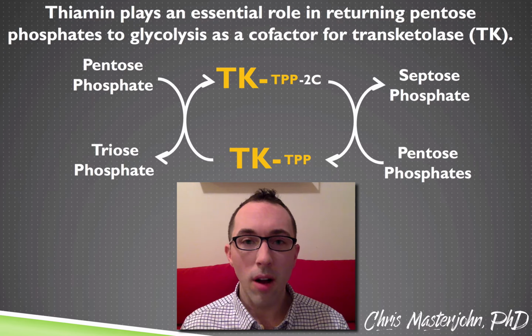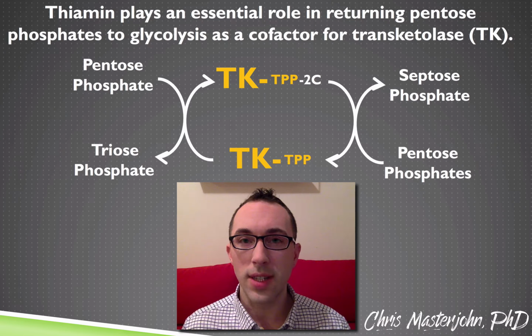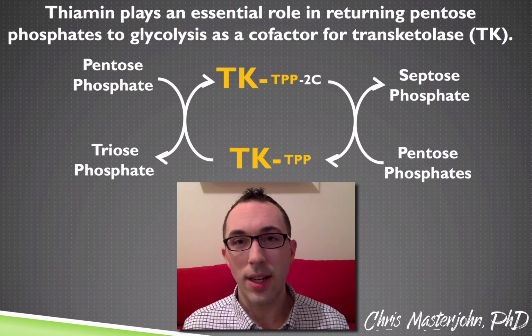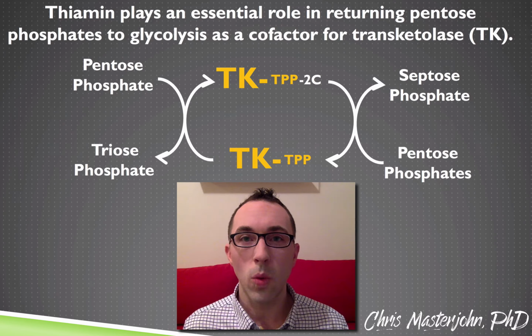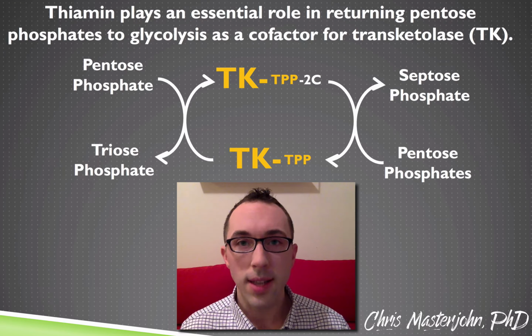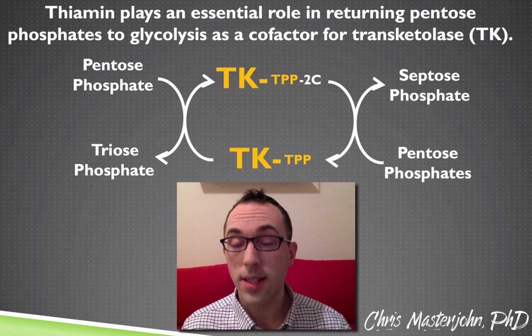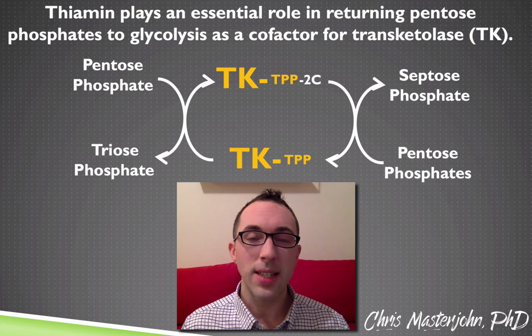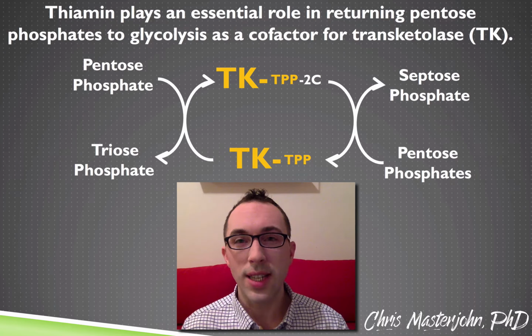However, there are other things that affect transketolase activity as well. This is best known about in the context of something called Wernicke's encephalopathy, which is generally associated with thiamine deficiency plus alcoholism plus either a genetic or epigenetic basis that affects the enzyme transketolase.